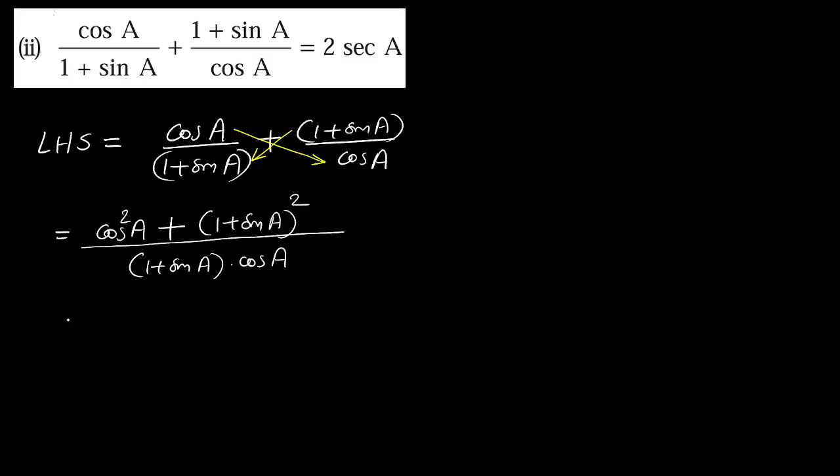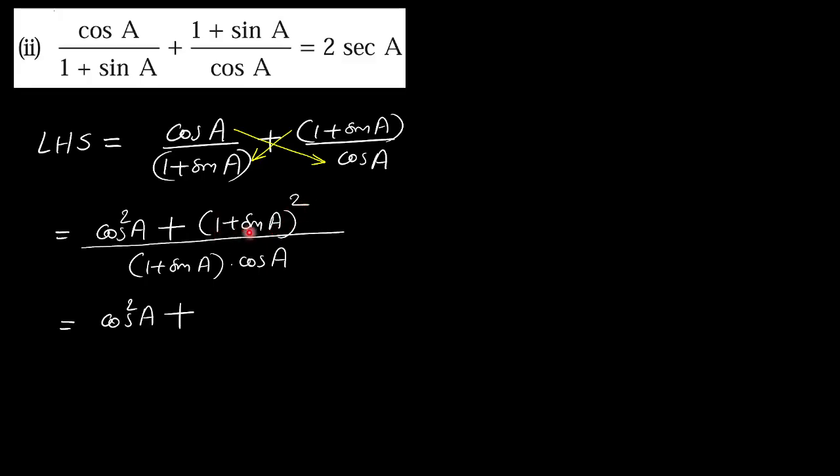So I want to simplify further. The right hand side is in the form of cos square A plus 1 plus sin A whole square. Can I expand? 1 plus sin A whole square can be expanded like a square plus 2ab plus b square. Clear? This is a plus b whole square form.